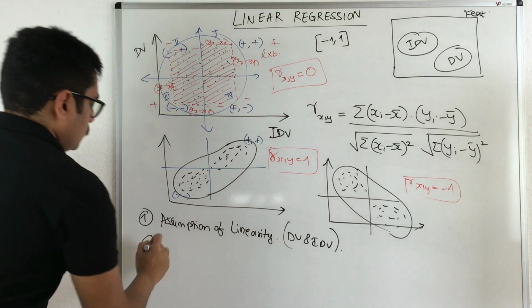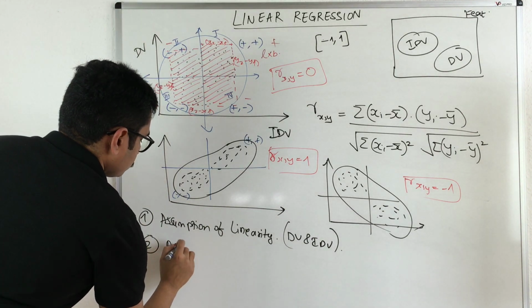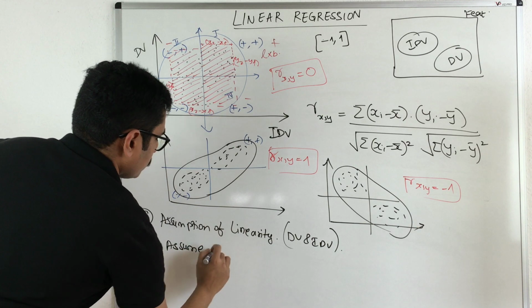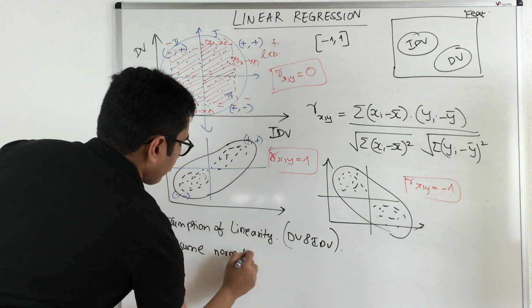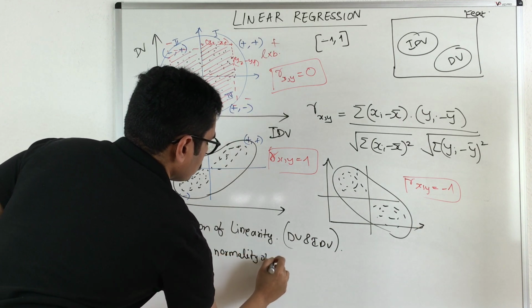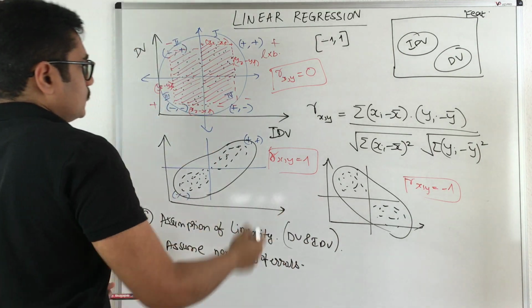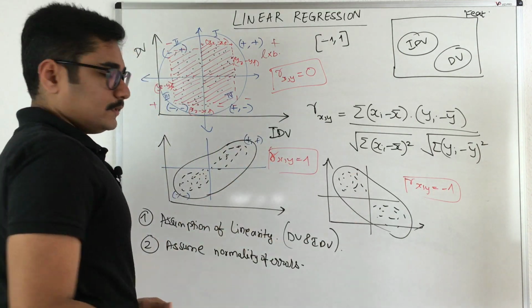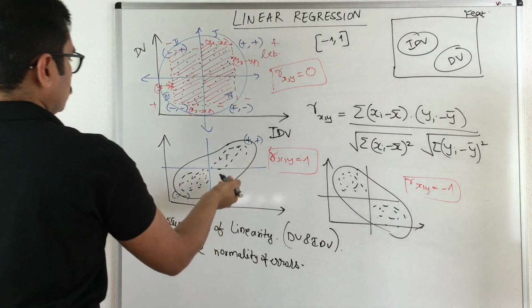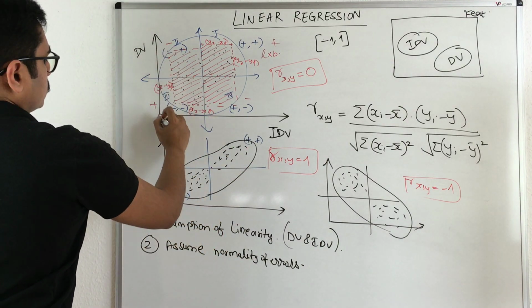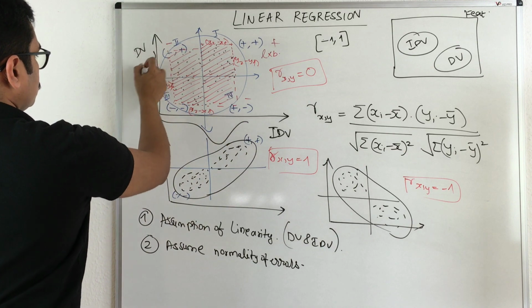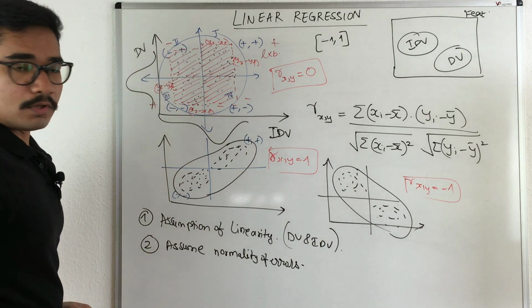The second assumption is normality of errors. What this means is, whenever you have a distribution of data points, say the distribution on this axis follows a normal distribution, and on this axis it follows a normal distribution.